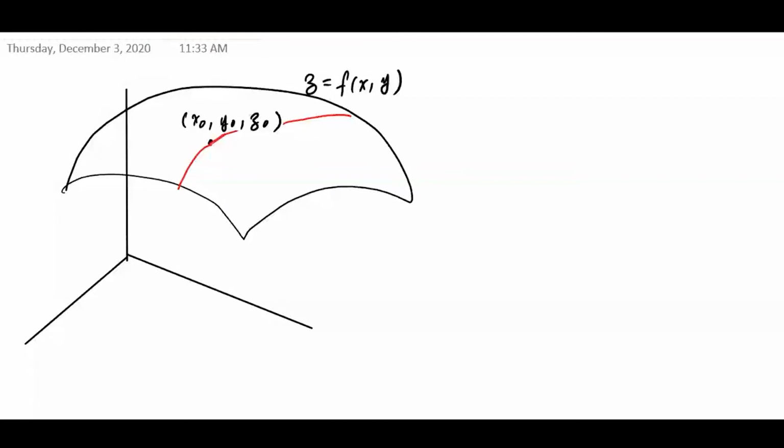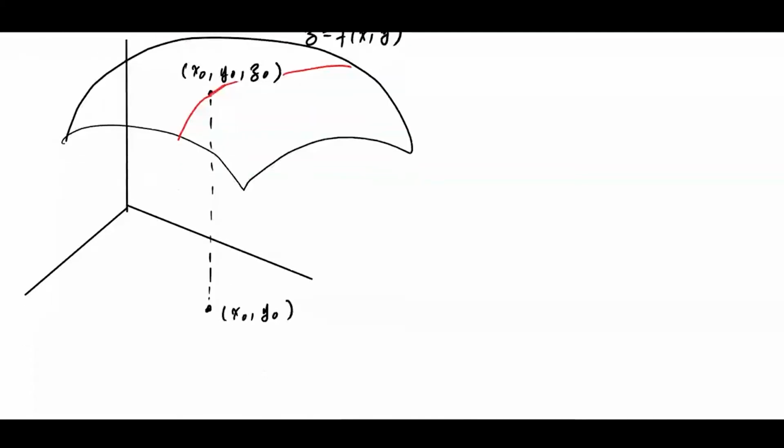So if we have this corresponding point on that plane, let's say that's the dot, which is x naught, y naught, this is your input, right? Then what happens? What is the slope if you start walking in this direction?